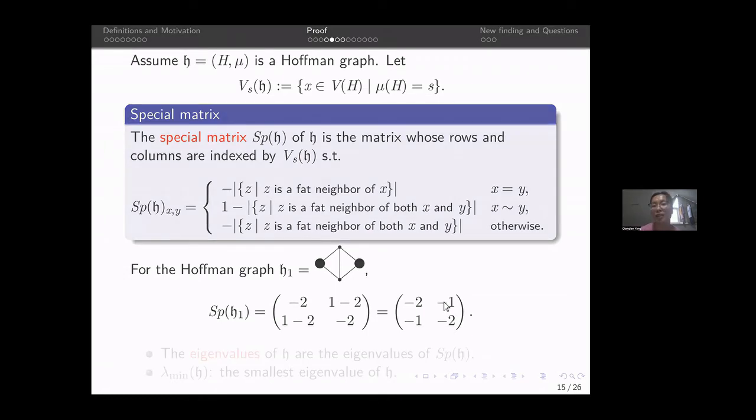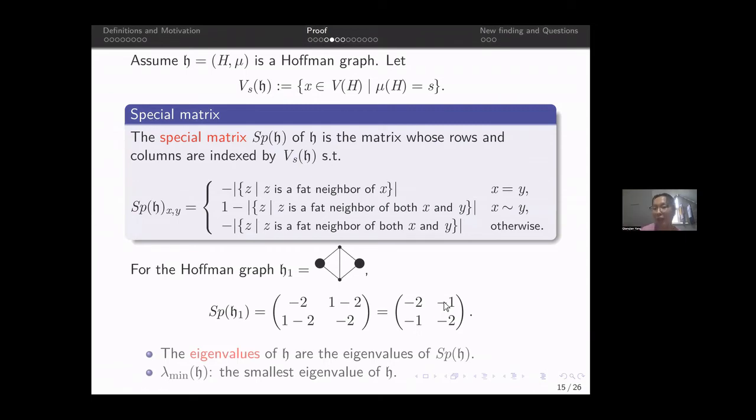The first reason is that if this Hoffman graph has no fat vertices, then we can regard H as an ordinary graph, and in this case its special matrix and the adjacency matrix are the same. This is the first reason.